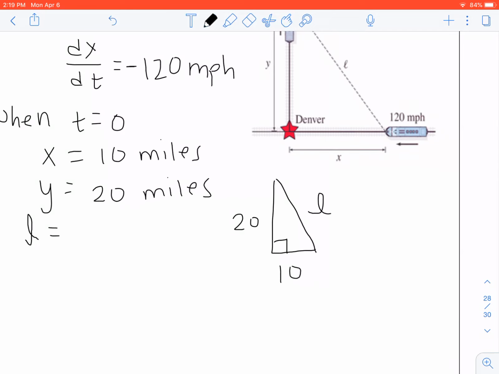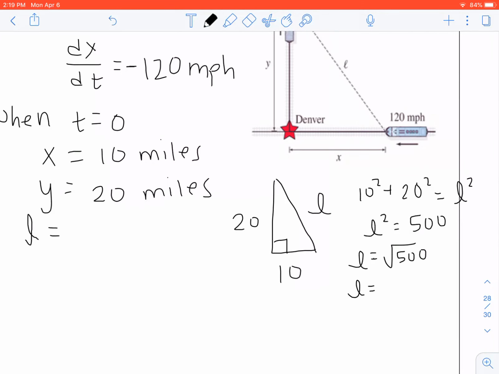So we have 10 squared plus 20 squared equals L squared. In solving this, you get L squared equals 500. So L is equal to the square root of 500, which simplifies to 10 square root of 5.